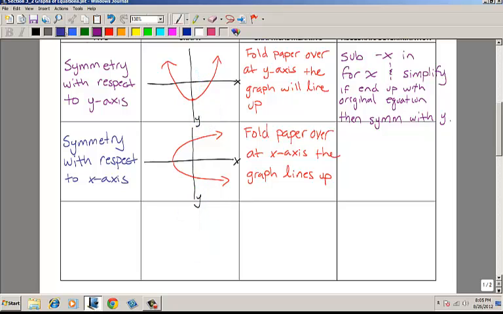In order to determine that algebraically, we would substitute a negative y in our equation for y and simplify.